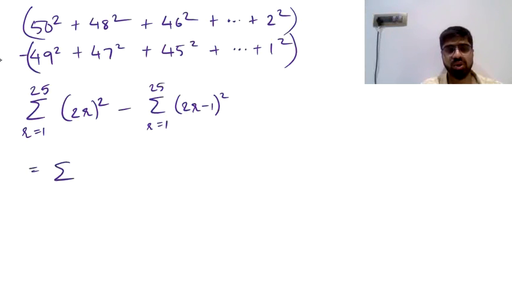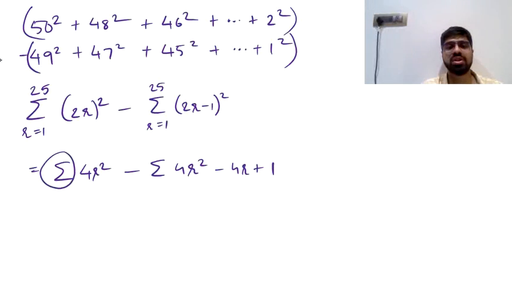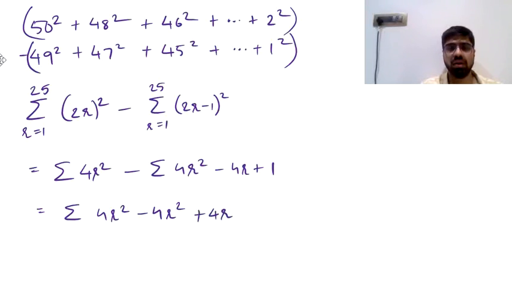So this will be summation of 4r square minus summation of 4r square minus 4r plus 1, and yeah, the limit on summation is the same. So you can pull out that summation common and simply write it as 4r square minus 4r square, minus of minus makes it plus 4r, and minus of plus 1 makes it minus 1. So 4r square getting cancelled.